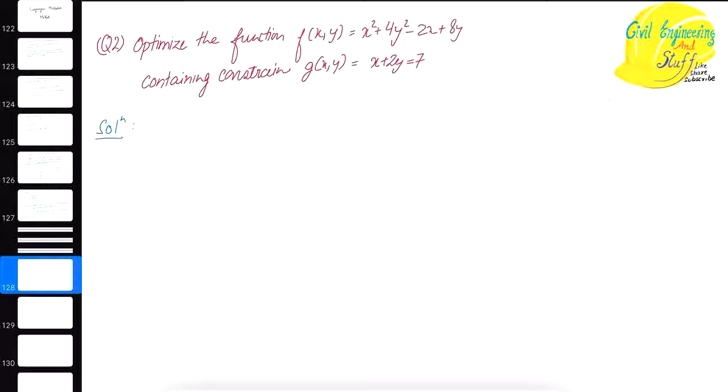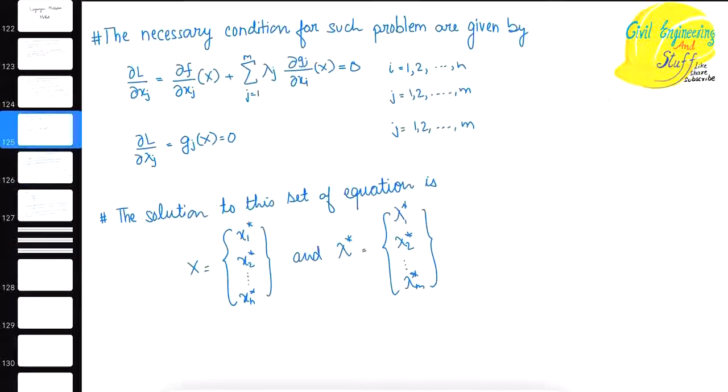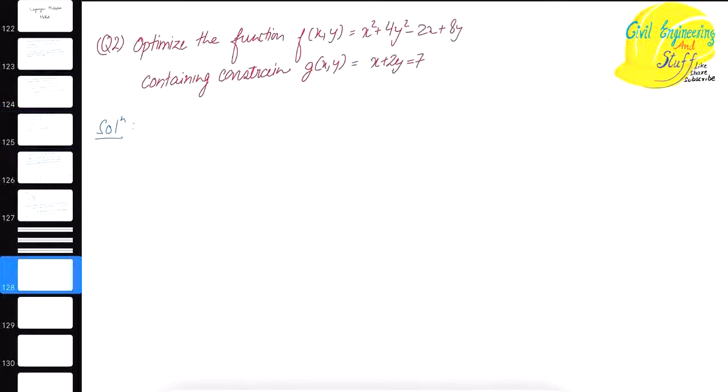As per Lagrange's method, first of all the constraint has to be added into the function to create a new Lagrange's equation by using the Lagrange's multiplier lambda.